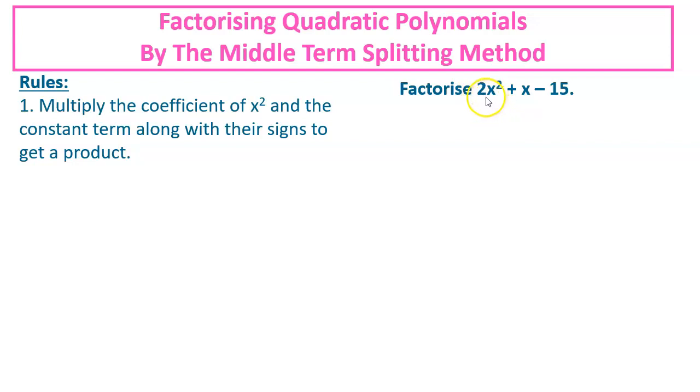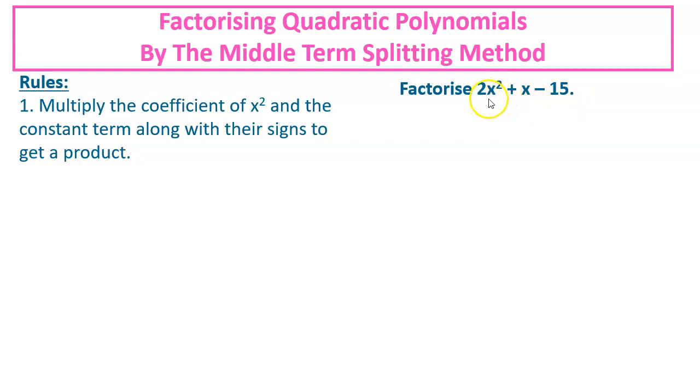But the method is the same for both the cases, because if you multiply 1 with the constant term, the product will be the constant term. In those books, they say when the coefficient of x squared is equal to 1, you just take the constant term. And when the coefficient of x squared is not equal to 1, you multiply the coefficient with the product. It's not that the methods are different.